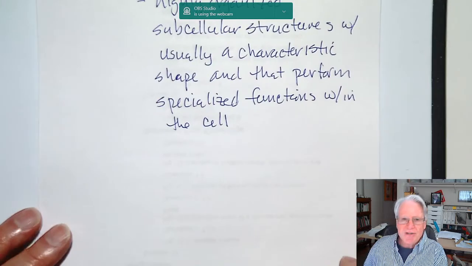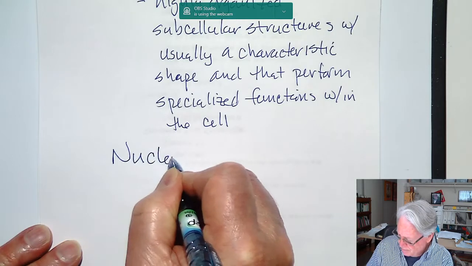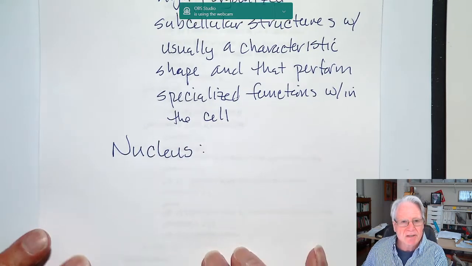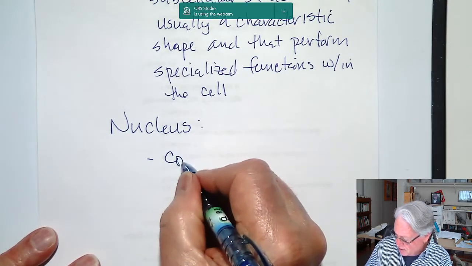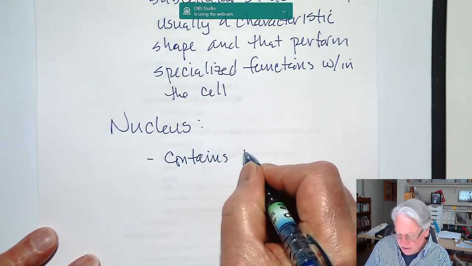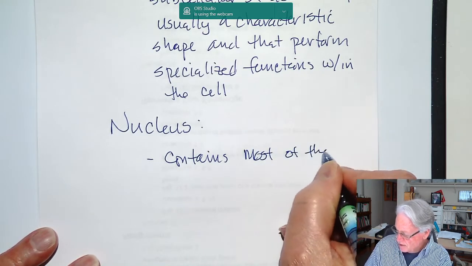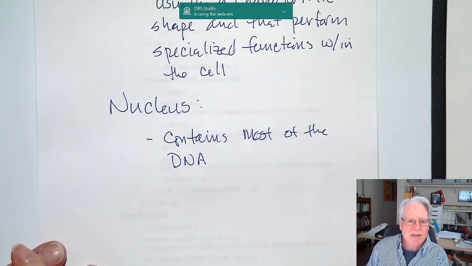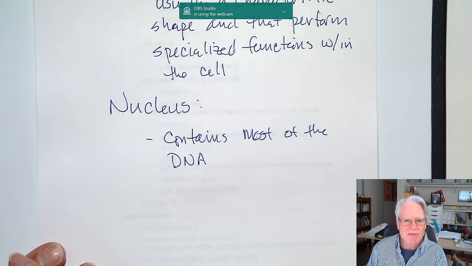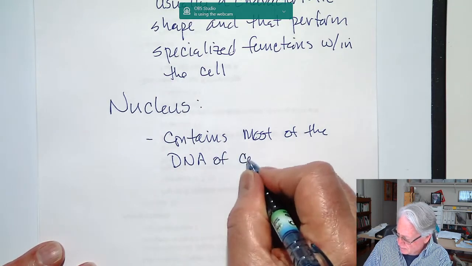And the fourth and final major part is the nucleus. And hopefully most of us have some sense of what this is. This is a structure that contains the DNA, or I should say most of the DNA. I cannot say all of the DNA because there are, as we'll see, structures inside the cell, other organelles, that also have DNA, but by far most of the DNA is contained in the nucleus.